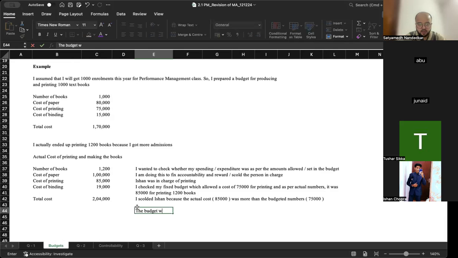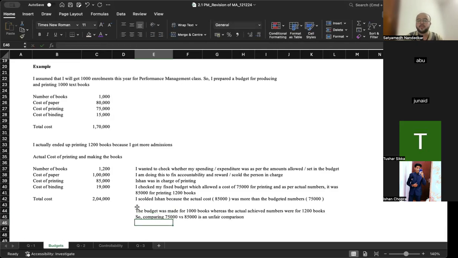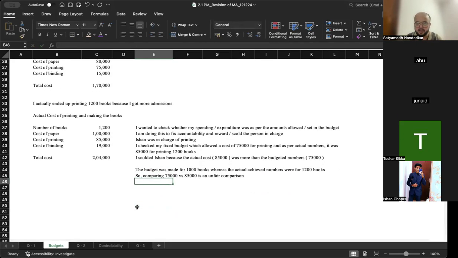The budget was made for 1,000 books, whereas the actual achieved numbers were for 1,200 books. So, comparing 75,000 versus 85,000 is an unfair comparison. This is not the correct comparison.